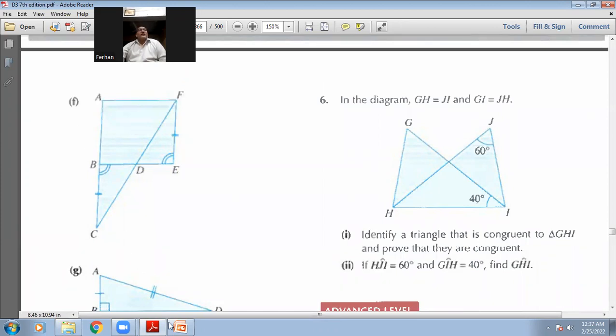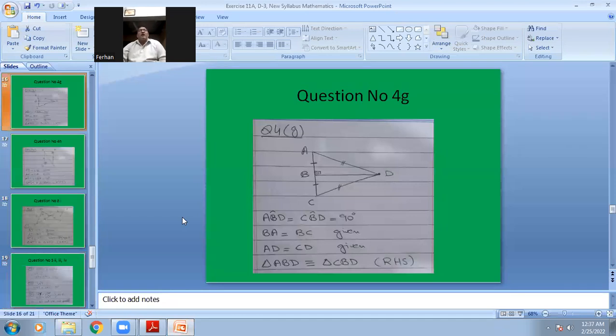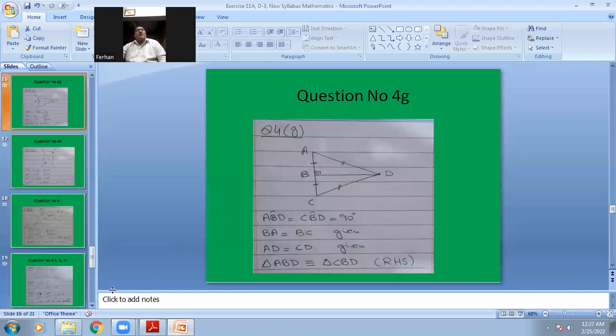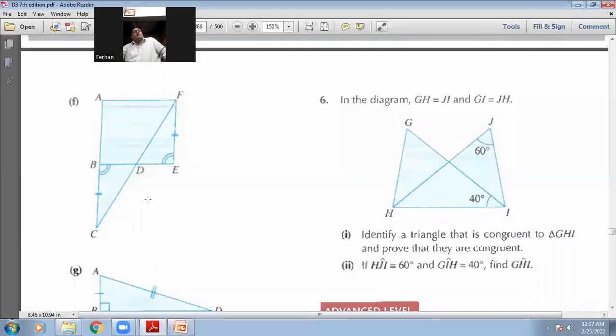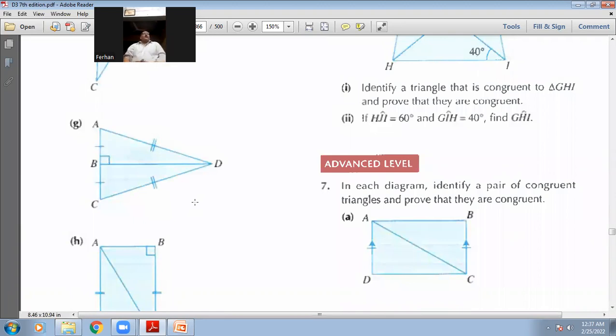So I think we are done with question number 2 and its F part, question number 4 and its F part. In question number 4 and its G part, we have two triangles for comparison, ABD and CBD.